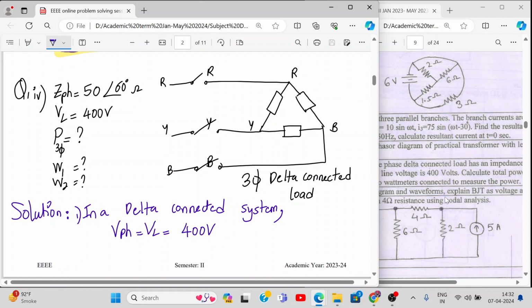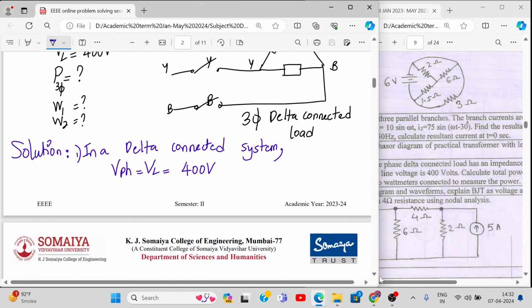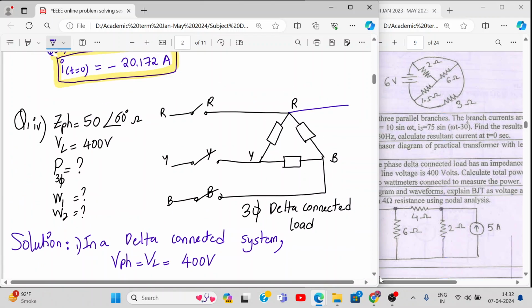Are you understanding? See, this is my phase voltage. This is phase voltage, and this is my line voltage. Both are in parallel, both are the same. These are Z phase, and this is my phase current I phase.